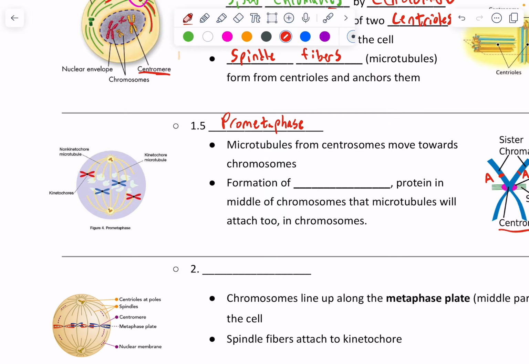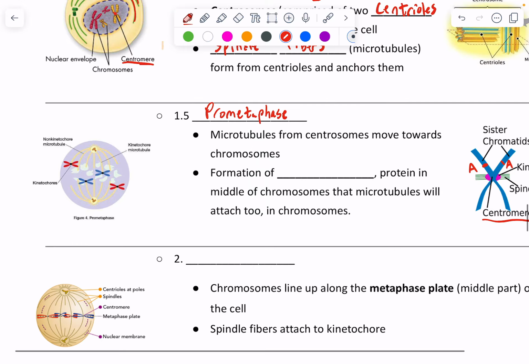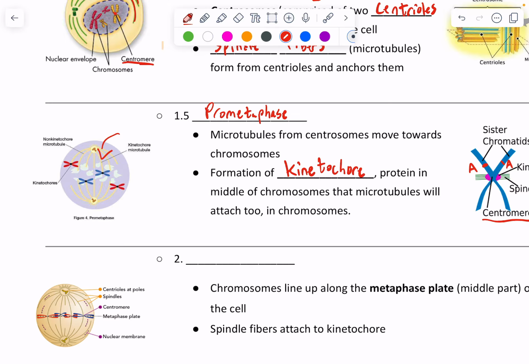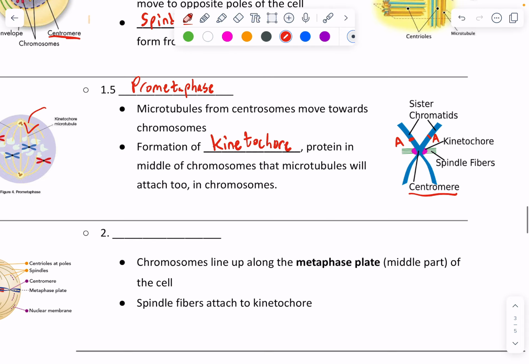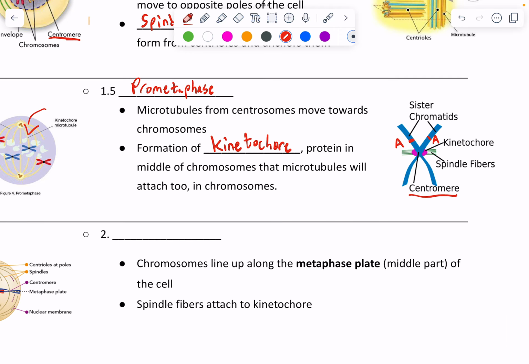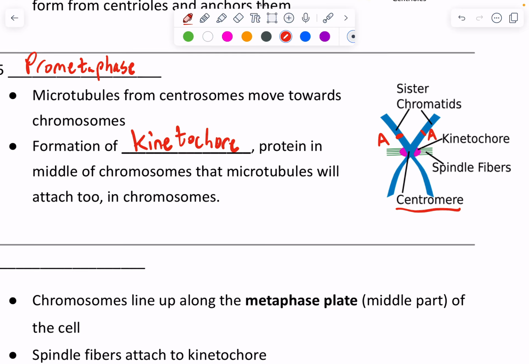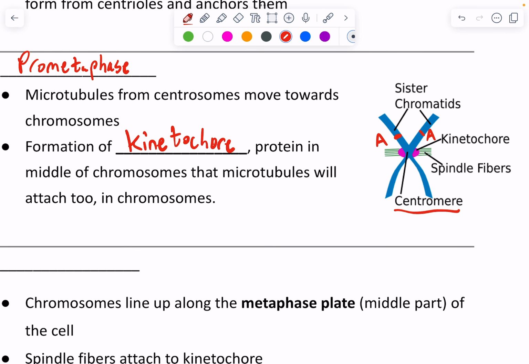And so spindle fibers are made out of microtubules, and they're basically going to move towards the chromosomes from the centrosomes, as you can see over here. And then this is also the formation of the kinetochore. So the kinetochore is a protein in the middle of the chromosomes on the centromere, and it's going to be where the microtubules will be able to attach to the chromosomes.